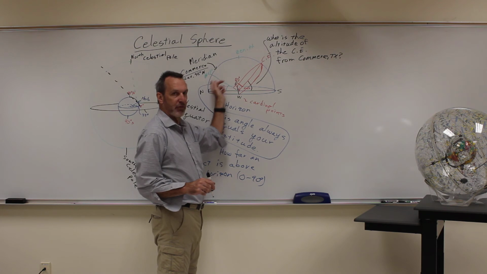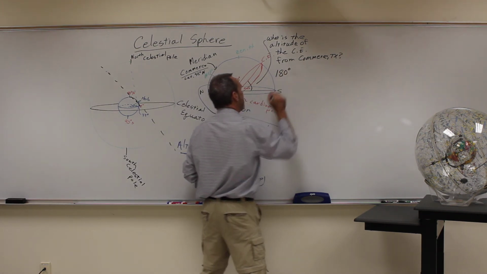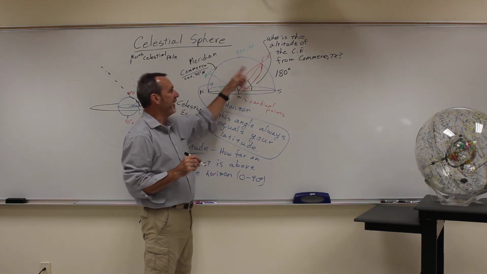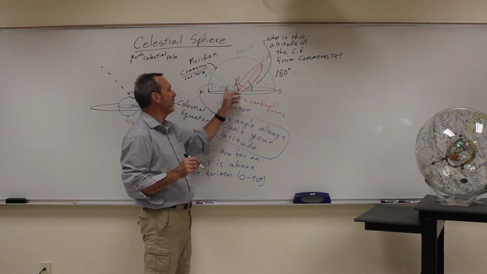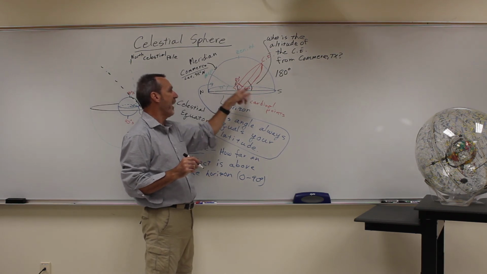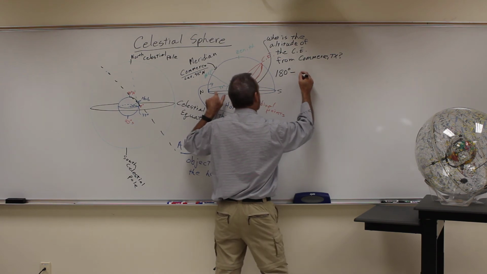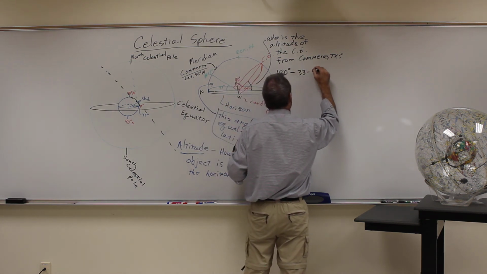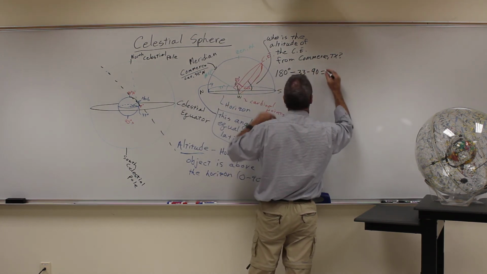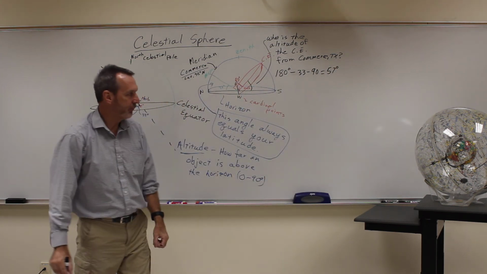How many degrees in half a circle? There is 180 degrees in half a circle. So that whole thing has to add up to 180, or all these three angles, that angle plus that angle plus that angle, have to add up to 180. Or I'm going to do 180 minus 33 minus 90 must be equal to the altitude of the celestial equator, which in this case is 57.